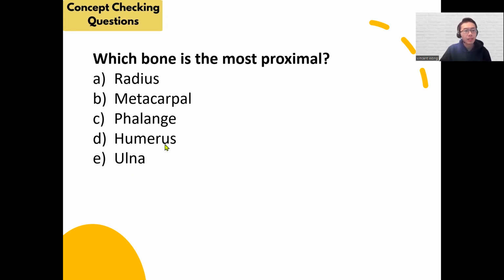Okay, so humerus, this one is the most proximal. One more time, a humerus here, and then the one on the outside, that's the radius, ulna, carpal, metacarpals, phalanges. The correct answer here is humerus.